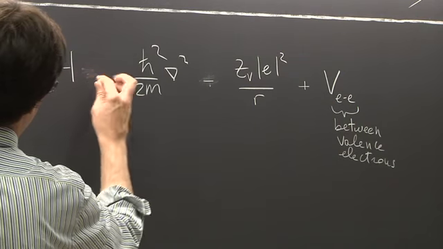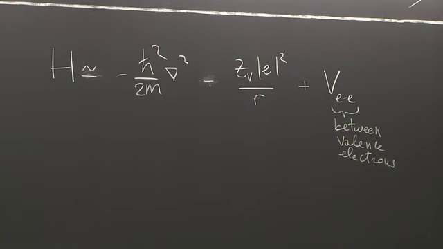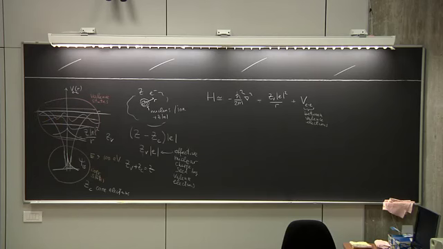Let me clearly put an approximation here, because I've made a number of approximations in saying this, right? I've approximated the core states to point charges. What else? Well, implicitly I've made another approximation, which is quite strong, in fact.